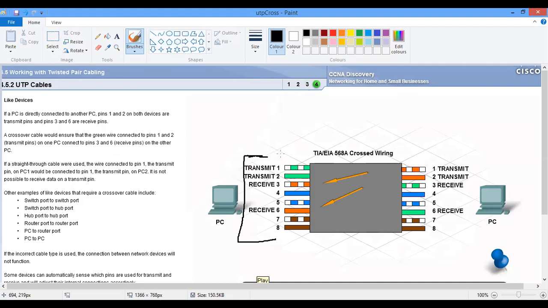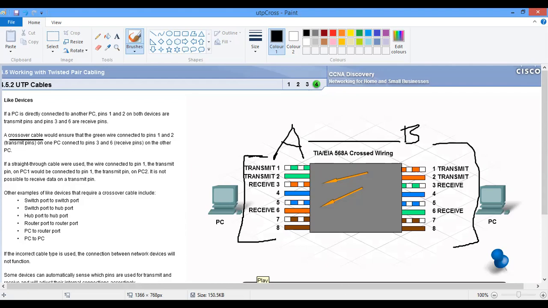This end is A. So this side, what was used here? B. Exactly. So I have A to B. This kind of cable is what we refer to as a crossover cable.